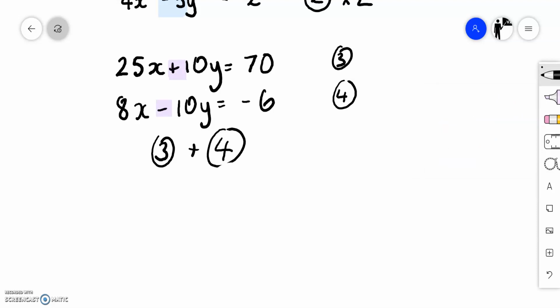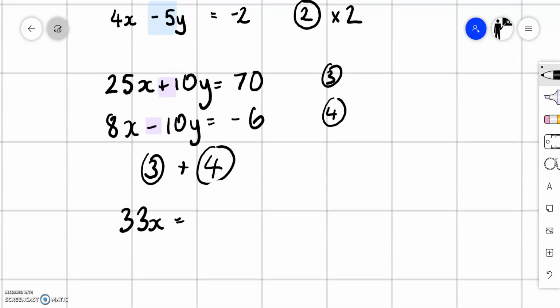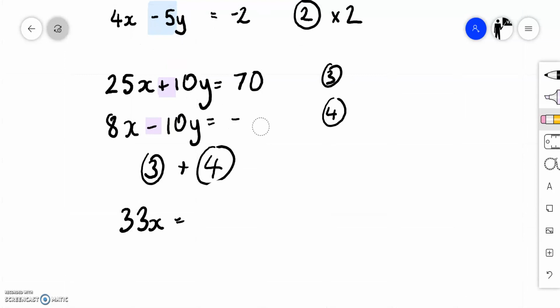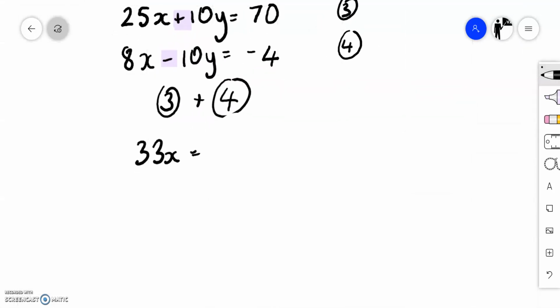So I'm going to add 25x and 8x, that's 33x. 70 plus minus 6 is, well, that should be minus 4, apologies. 2 times minus 2 is minus 4. So 70 plus minus 4 is 66, and we can divide throughout by 33, and we'll get x equals 2.